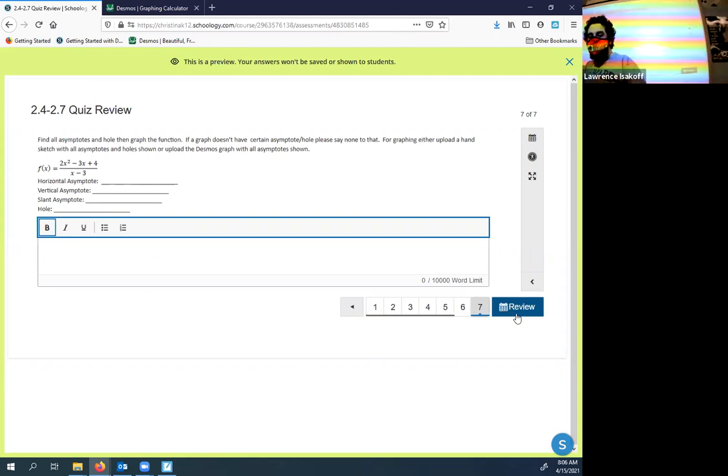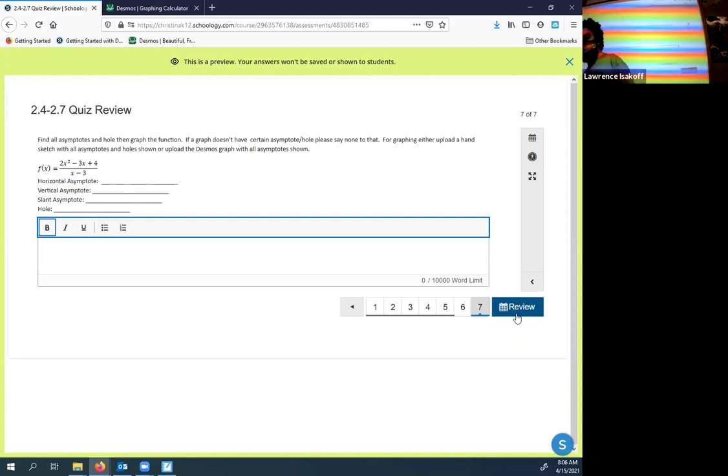Number 7, the numerator has a higher power. Yeah, this one has a slant asymptote because it has a higher power. The previous 2 did not have any slant asymptotes, so we just say none.